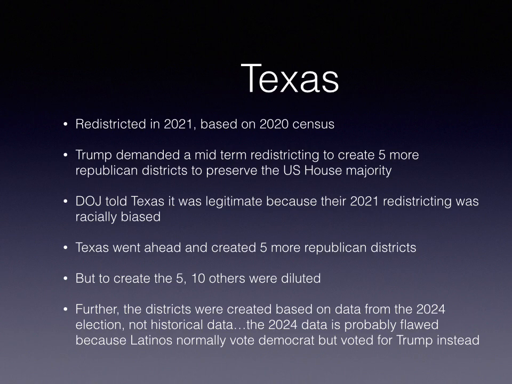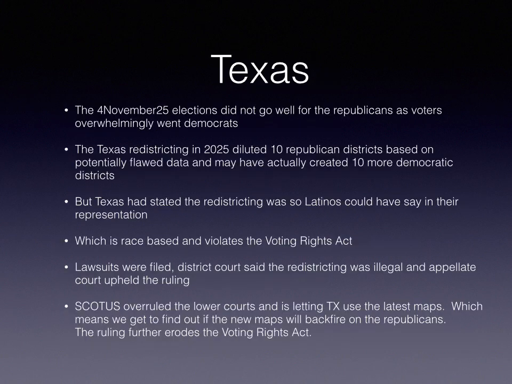DOJ then told Texas that it was a legitimate thing to do because their 2021 redistricting was racially based. So Texas went ahead and created 5 more Republican districts. But to create the 5, 10 others were diluted. The 4 November elections did not go well for the Republicans, as voters overwhelmingly voted for Democrats.